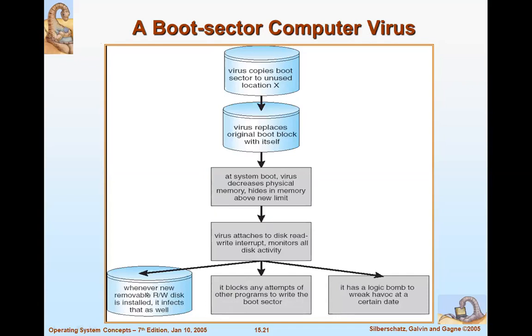Whenever a new or removable read-write disk is installed, it infects that as well. So if you are attaching a pen drive or a USB with your system, the virus will also jump there. It blocks any attempt of other programs to write the boot sector, and it has a logic bomb as well to wreak havoc at a certain date.